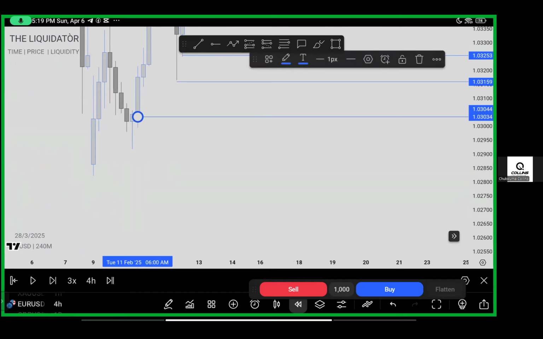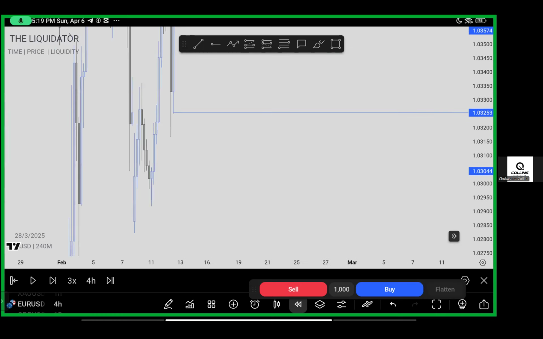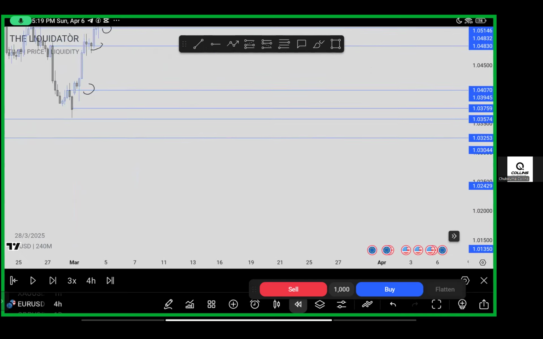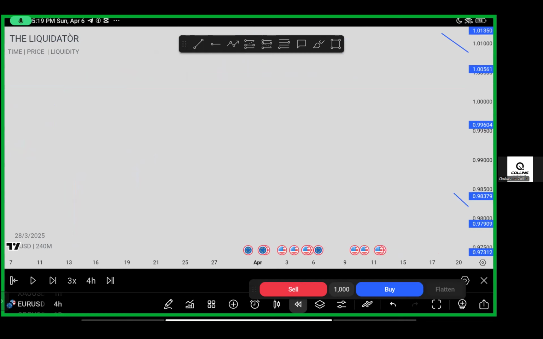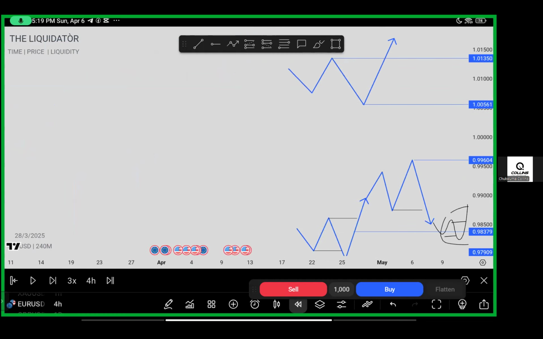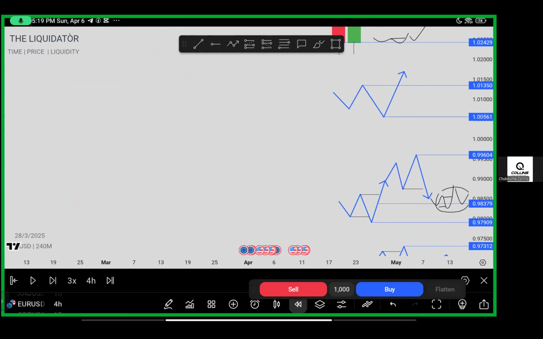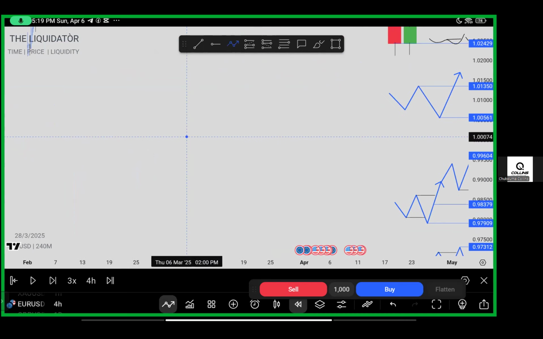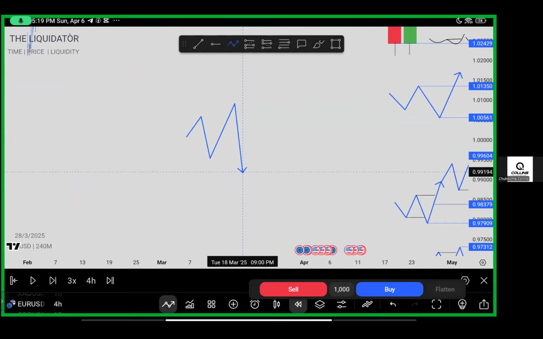So let me talk about the internal range liquidity and external range liquidity. I believe you guys should have an idea on the swing low and swing high. So internal range liquidity, basically what is internal range liquidity? Let's say we have a range like this, stop hunt, break of structure to the downside, and we have another break of structure.